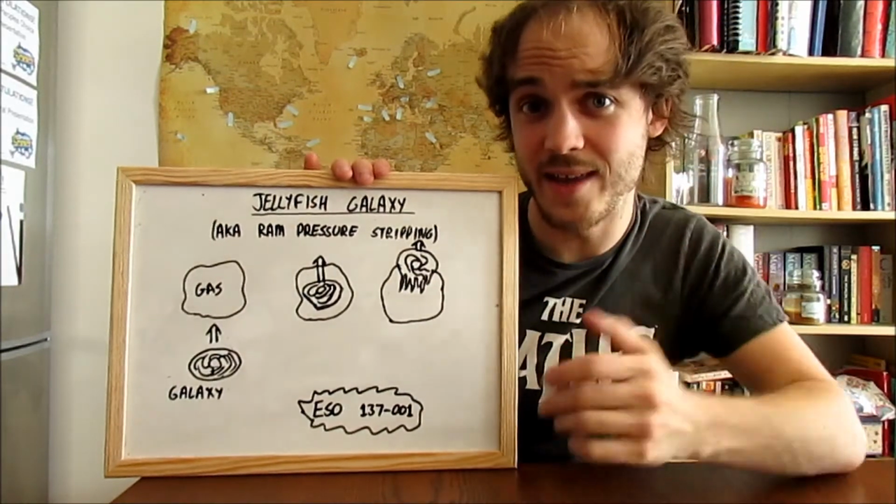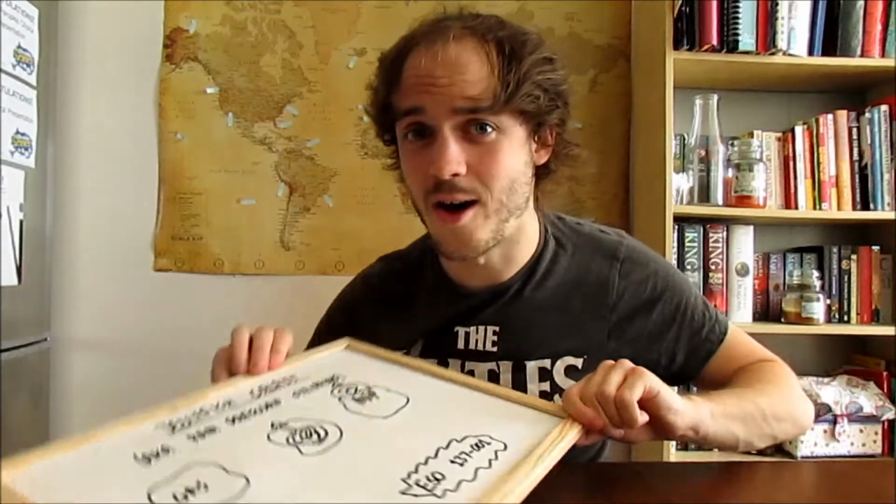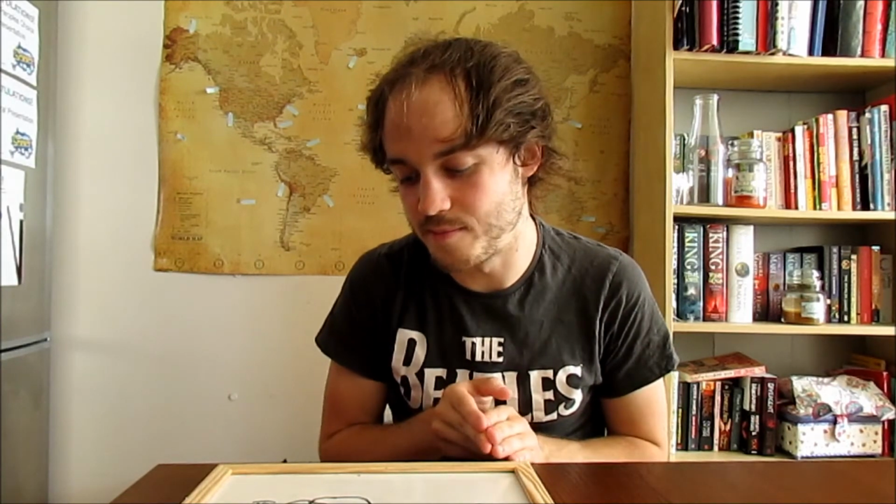Seeing these elongated strips of gas, you're getting a high star formation rate. But because this gas is being stripped from the galaxy itself, you're actually going to reduce the number of stars that are being formed in this galaxy. So it may have been forming hundreds or tens of stars per year, but it's probably now not going to form as many.